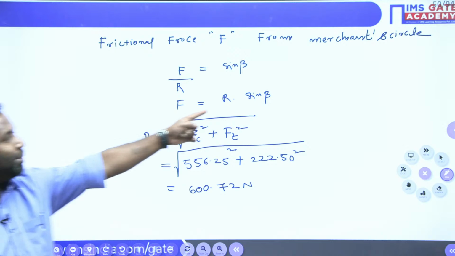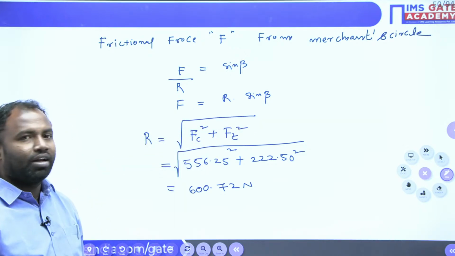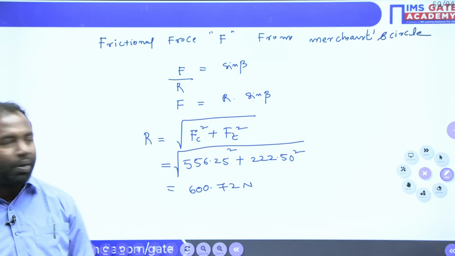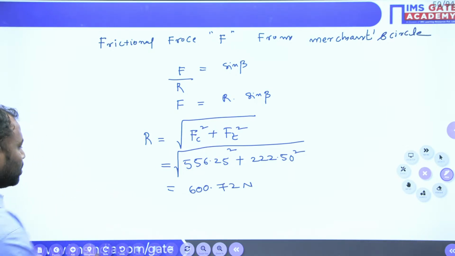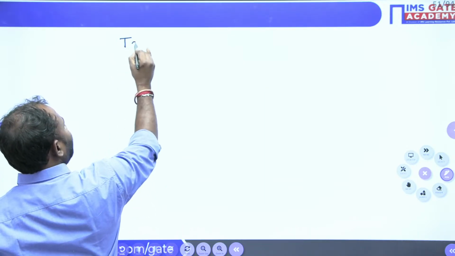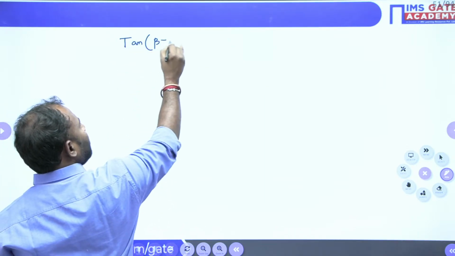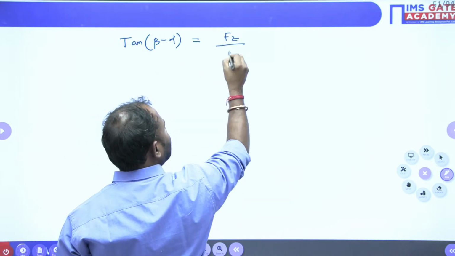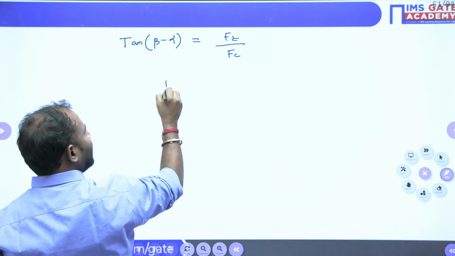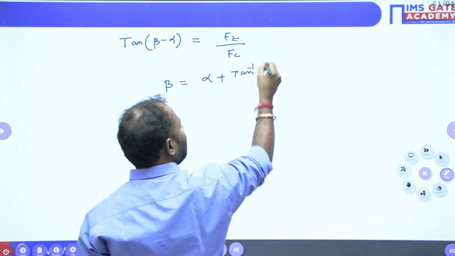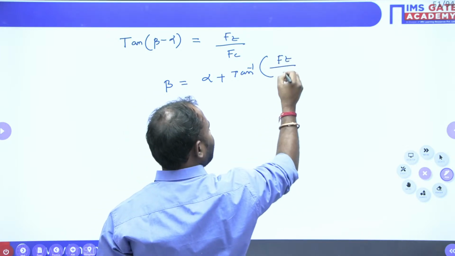Now I don't know the beta friction angle, so I am supposed to find out the beta as well. For that purpose, again I am going for the relation: tan of beta minus alpha is equal to Ft by Fc. So beta is equal to alpha plus tan inverse of Ft divided by Fc.